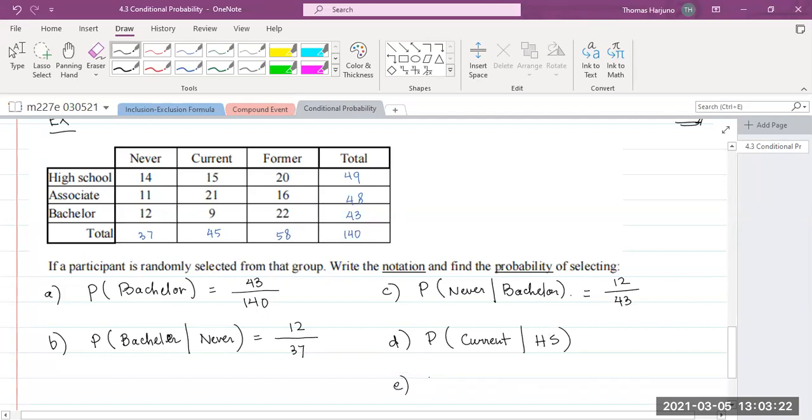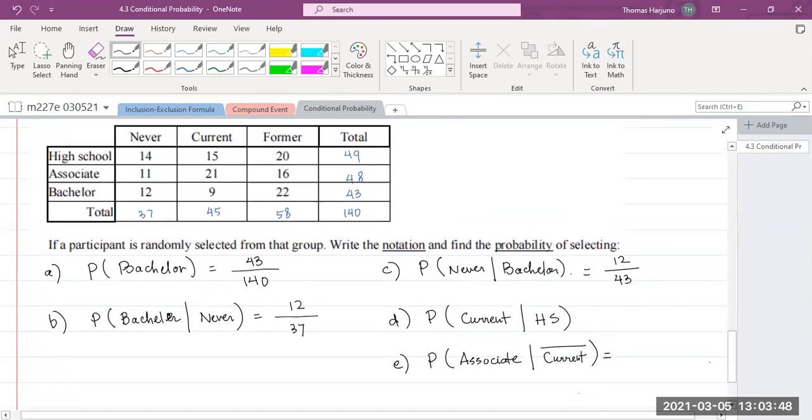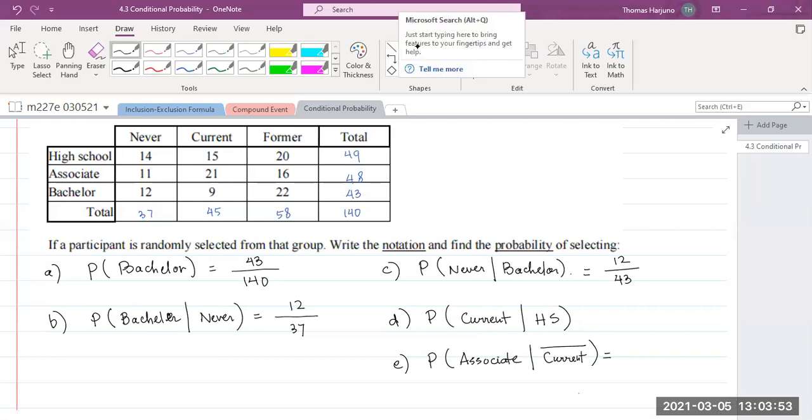And then find the probability that person actually somebody with associate degree as the highest education level, knowing that person is not a current smoker. Okay, let me give you a couple minutes to do this problem. Let's say 2 minutes.